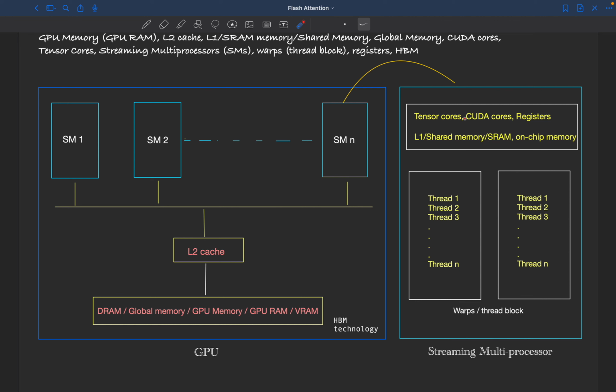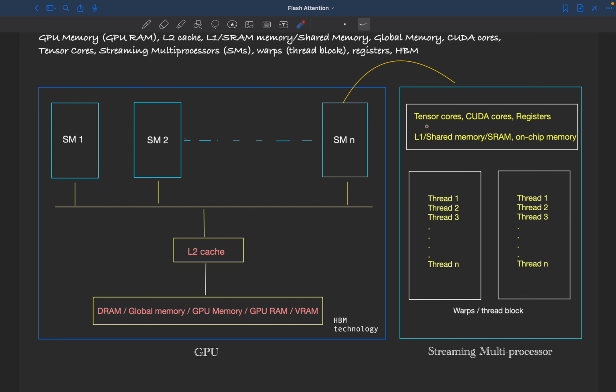It was also found that while training GPT-3 models, these tensor cores were idle almost 50% of the time, and that's how fast these tensor cores are. And when you compare tensor cores with other memories, tensor cores are 200x faster compared to global memory, or what we call GPU memory. They are literally 200x faster.